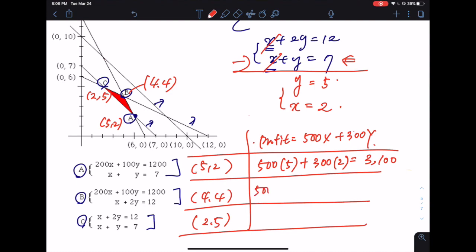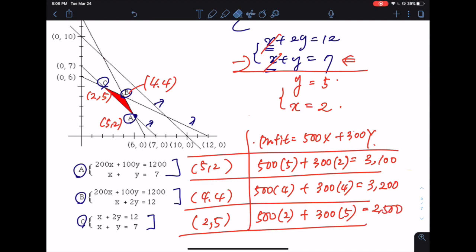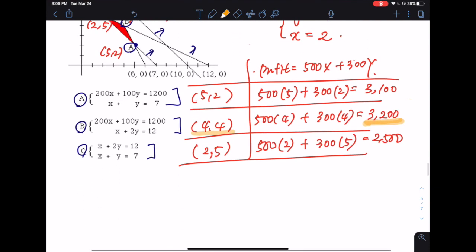For B, you multiply by 4 and you will get 3,200. And for C, 500 times 2 plus 300 times 5, and you will get 2,500. So you will get the maximum profit of 3,200 at corner point (4, 4).